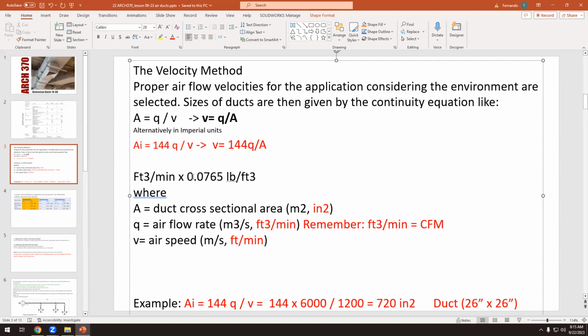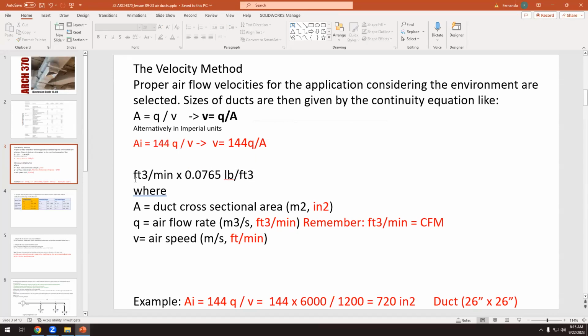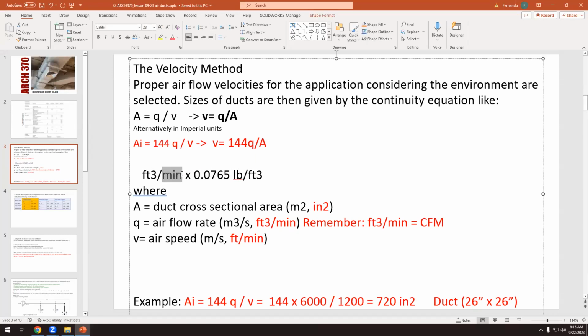Okay, we have to do this conversion because this airflow is not in CFM, it's not in volume divided by time. And probably now we have like 60 times 60 minutes per hour. Okay, so we have all these conversions, so that's why we have this 144.